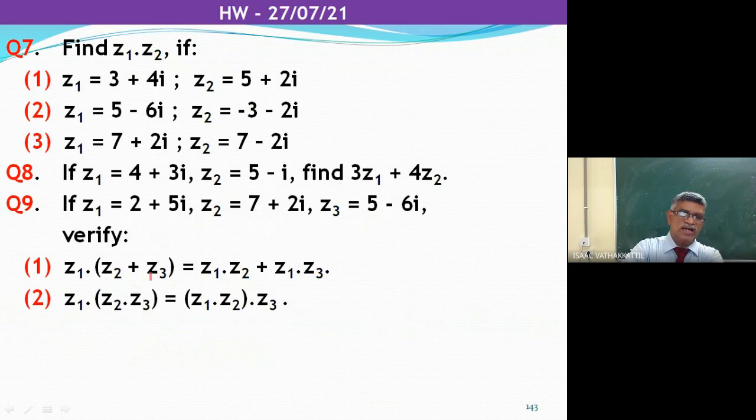Multiply with Z1. Then multiply Z1Z2, multiply Z1Z3, add them. You have to show both are equal. In the second part, you first multiply Z2Z3 and multiply with Z1 so that you get Z1 into Z2Z3. And further you show that it is nothing but Z1Z2 multiplied by Z3.